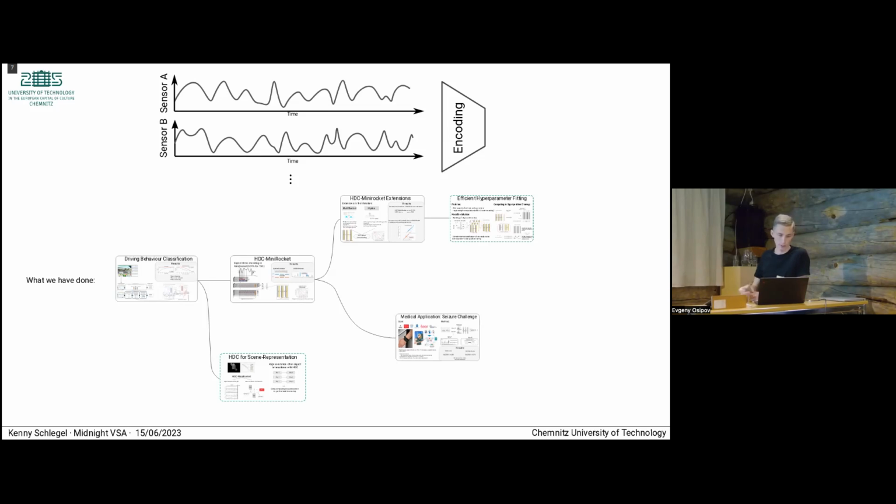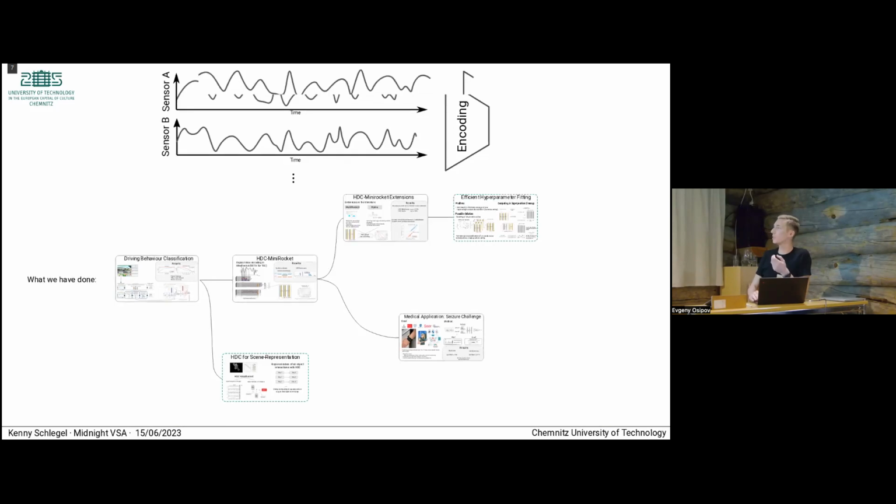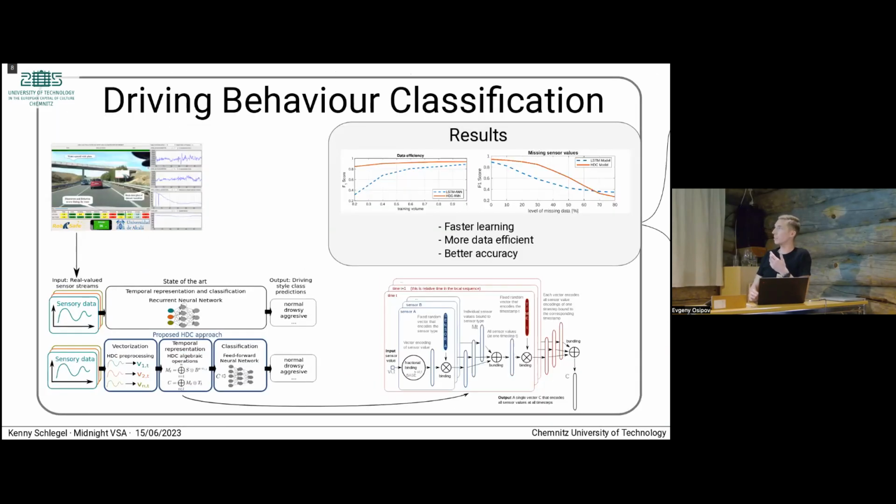I would start with the very first application where we incorporated HDC for time series analysis. It was related to driving behavior classification. We have a data set which recorded different sensors in a car, and the goal was to classify the driving style of the driver.